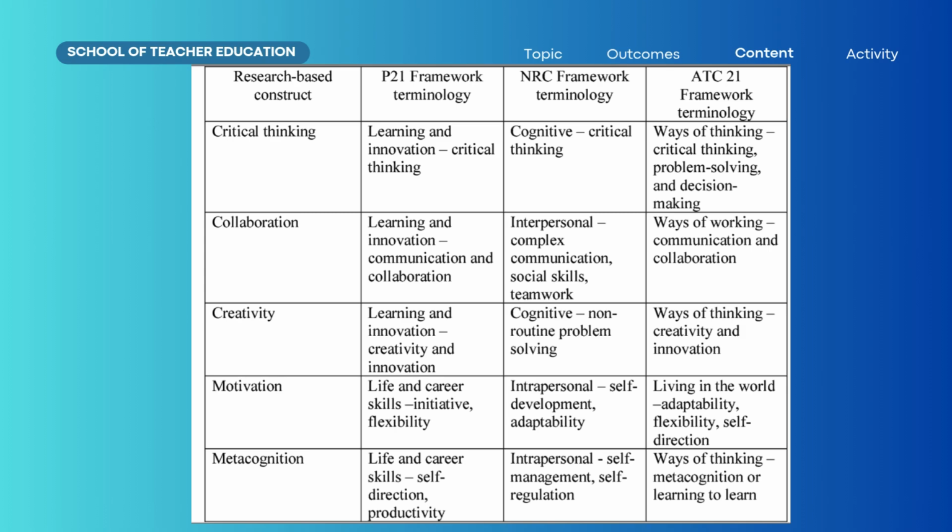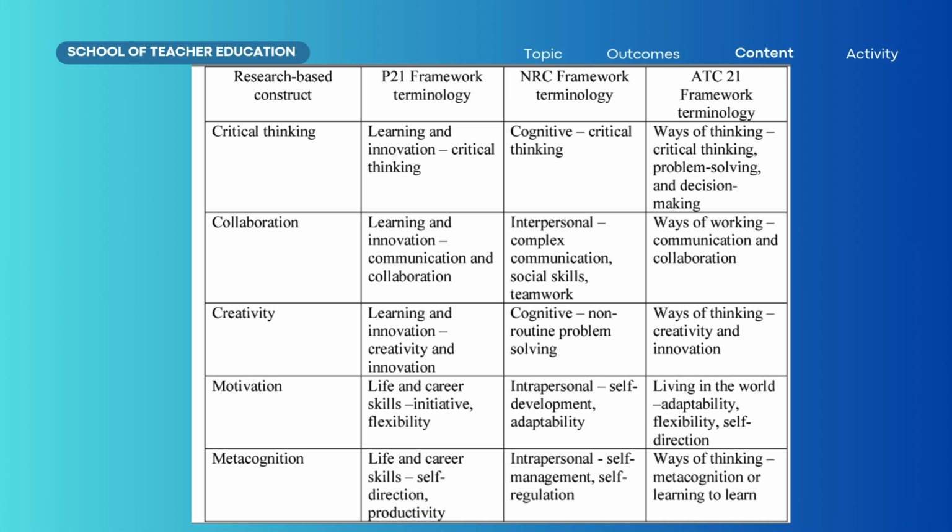So we're not going to go deeply into each research-based construct, but you can definitely check that each construct is almost the same. The frameworks from P21, NRC, and ATC21 all have a common denominator as to how these research-based constructs are defined.